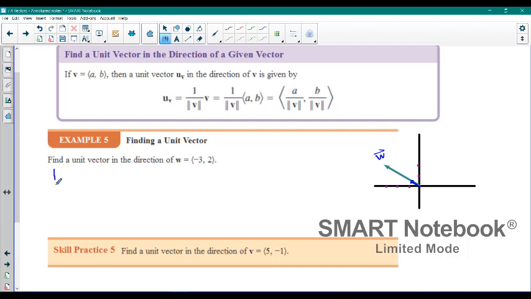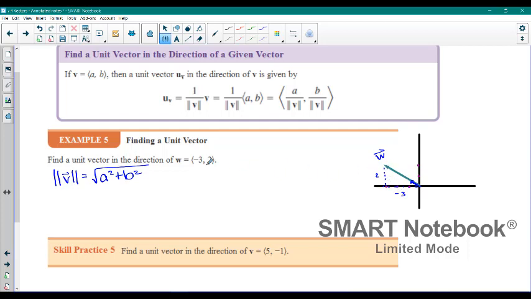So how do you find the magnitude of a vector? The magnitude of a vector is the square root of a squared plus b squared. And think about why this is. Here's -3, here's 2. Well, -3 is just the x distance. We're going to square it, so it's going to turn positive.